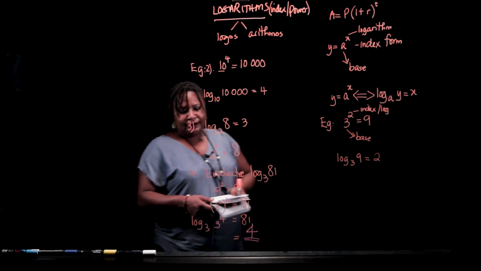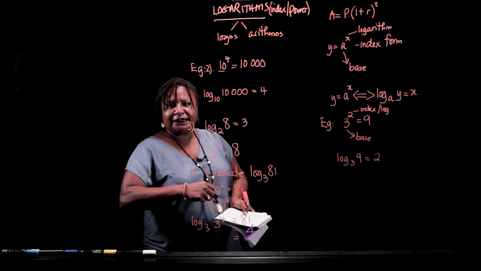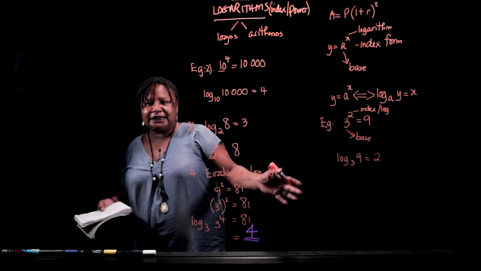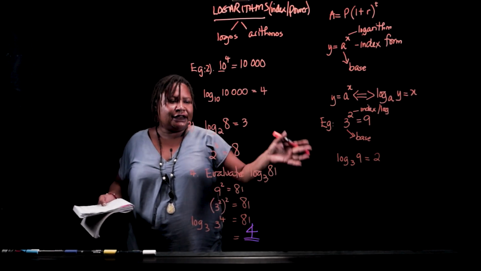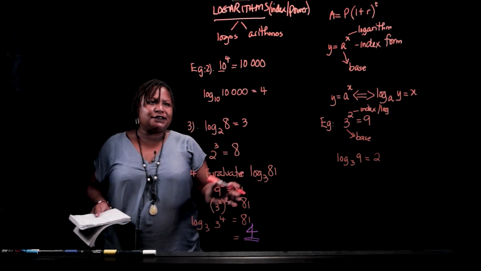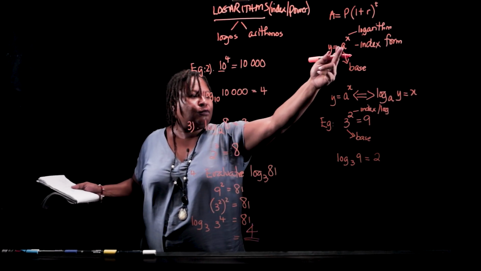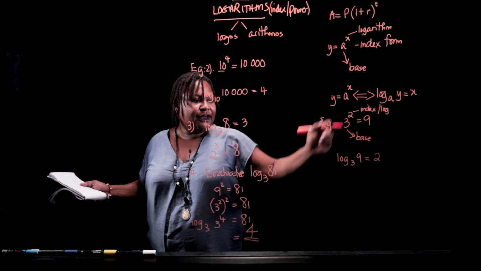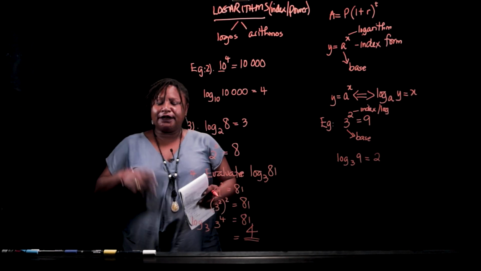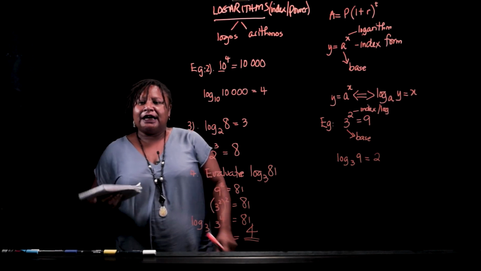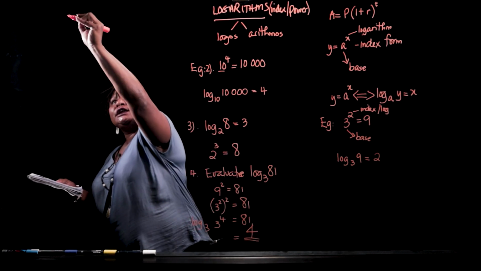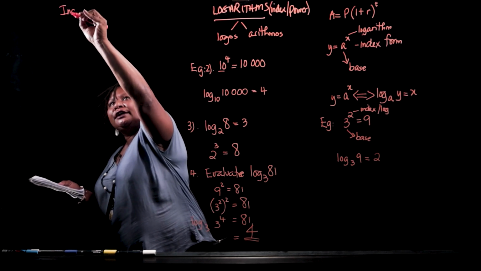The index. So this is basically how logarithms and index are inverse. You can write them vice versa in index form or as a log. Now we're going to move quickly to the first law of index, index law number 1.